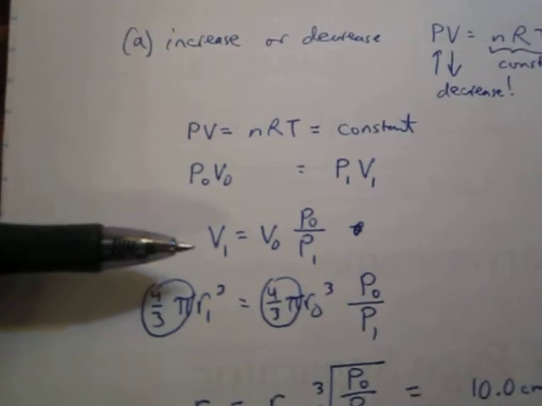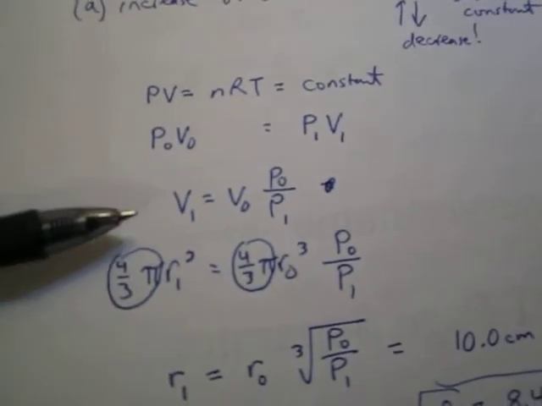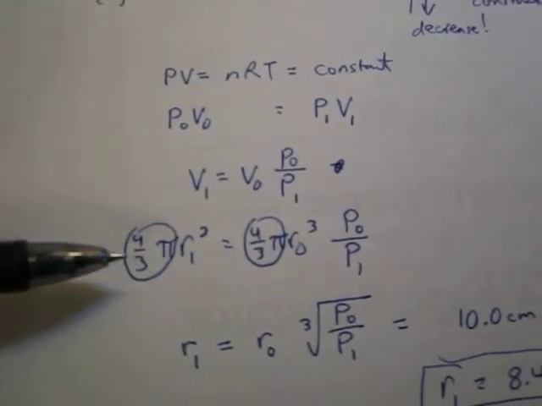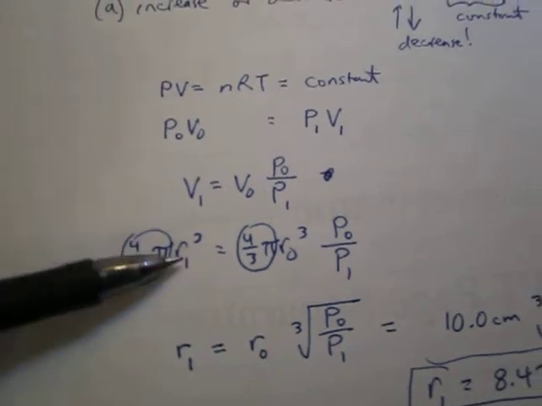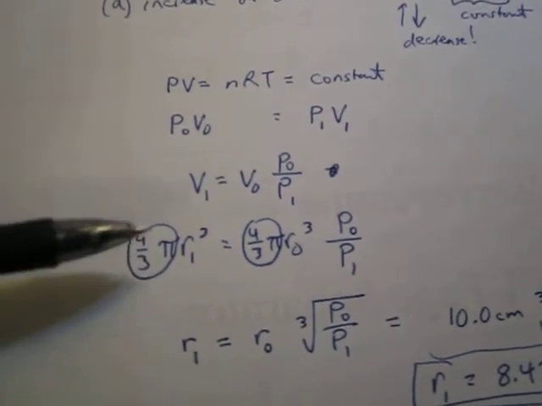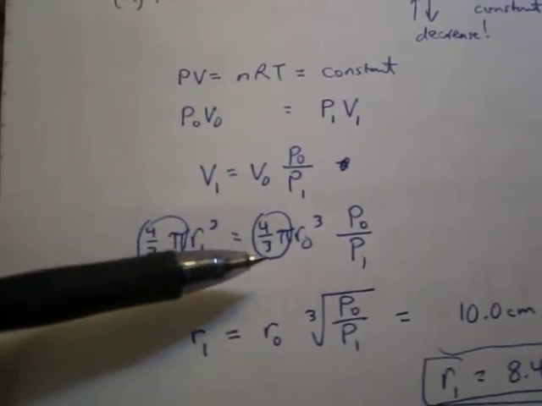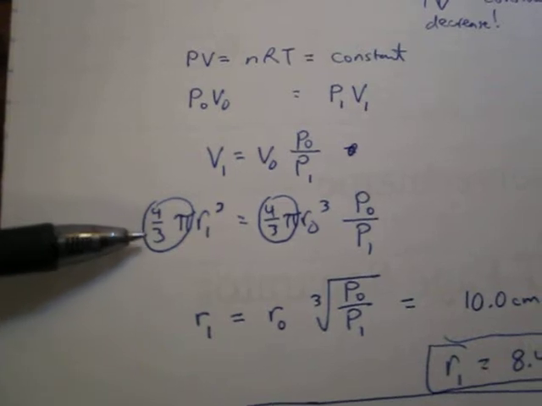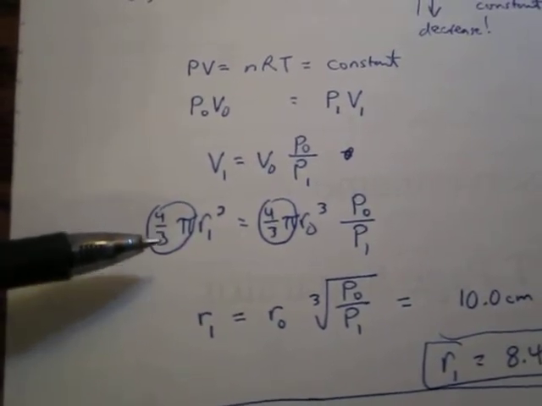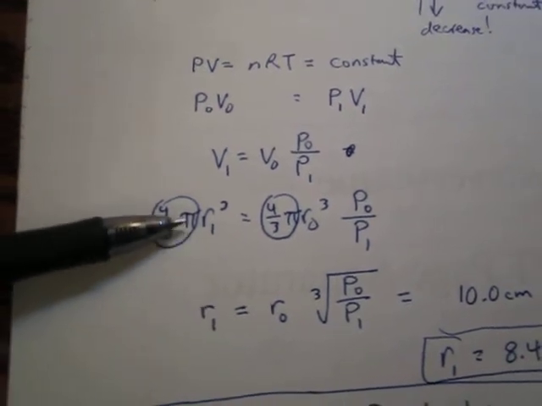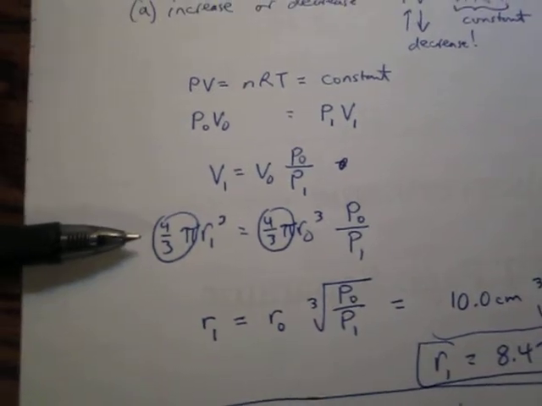Instead of solving for the volumes and then solving for the radii, here's something neat to do. Substitute in place of V1, 4/3 pi R1 cubed, and in place of V0, substitute 4/3 pi R0 cubed. So the 4/3 and the pi will divide out of both sides of the equation.